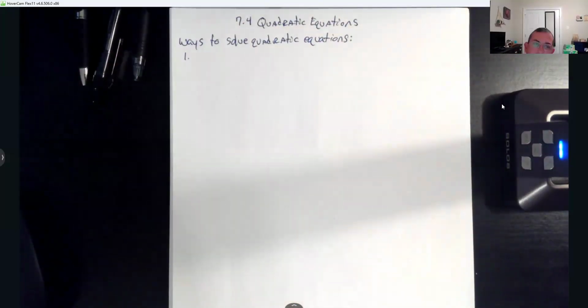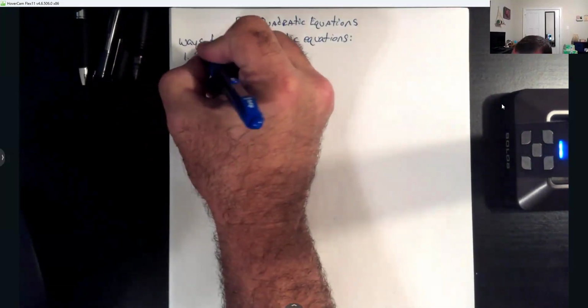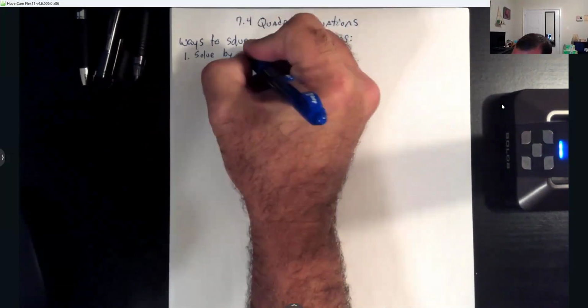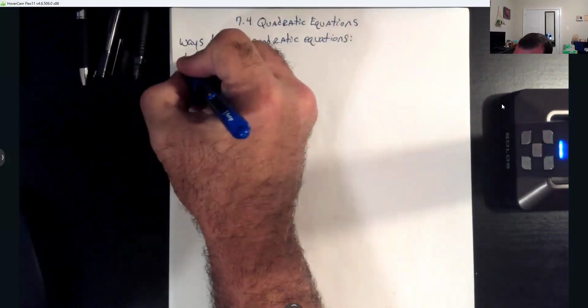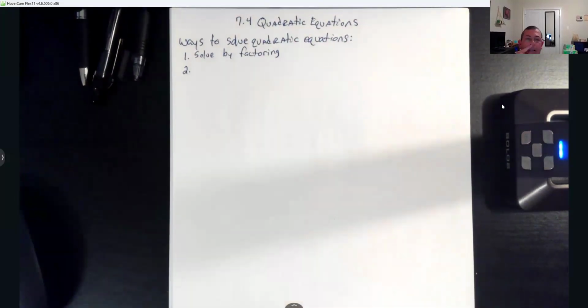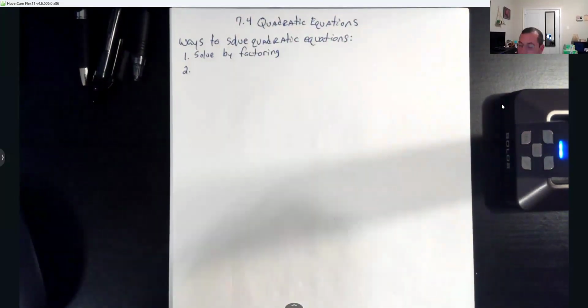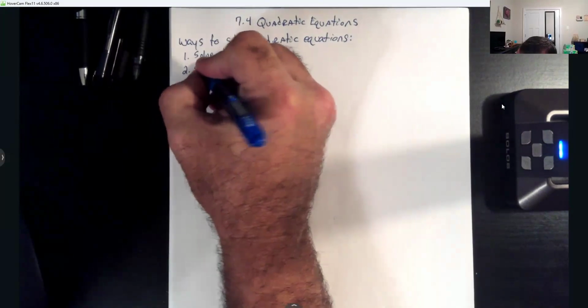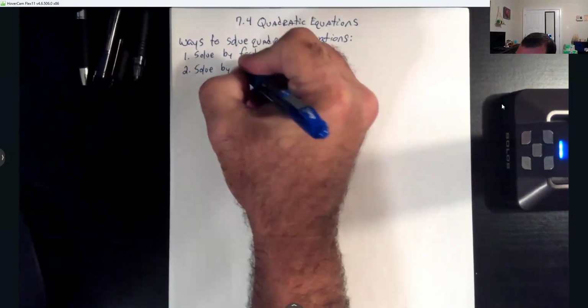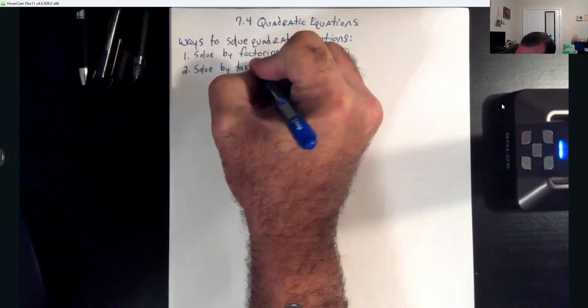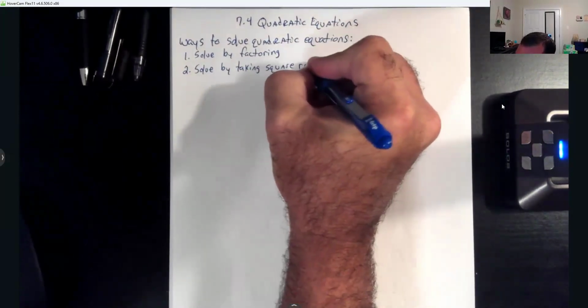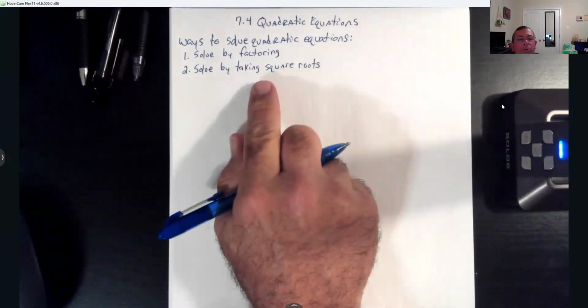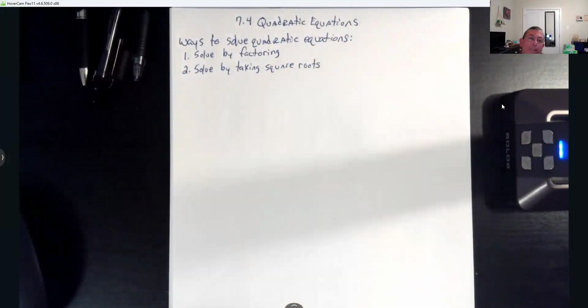So the first way is solve by factoring. Second way we'll mess with a little bit later is solve by taking square roots. So I'll solve by taking square roots if I got an x squared on one side and a number on the other.